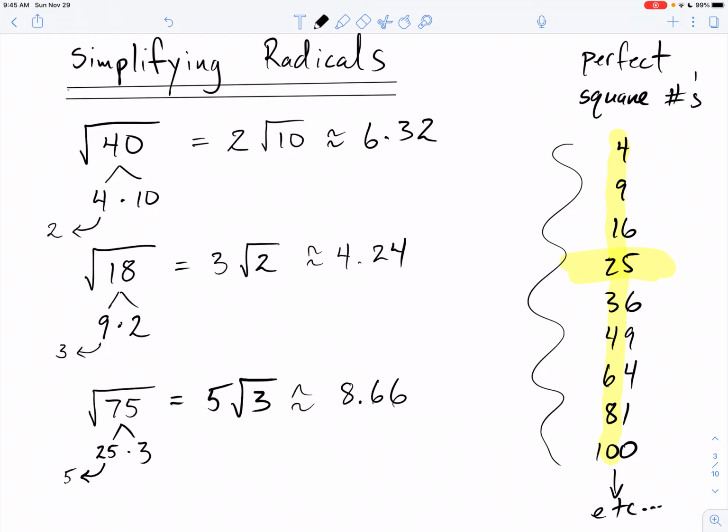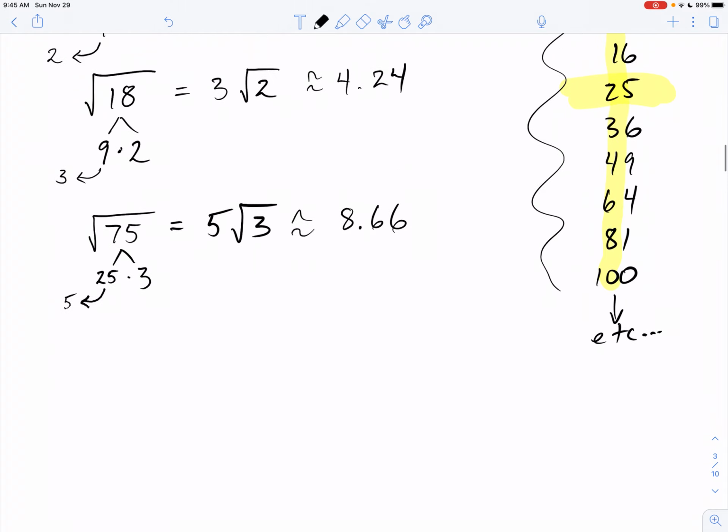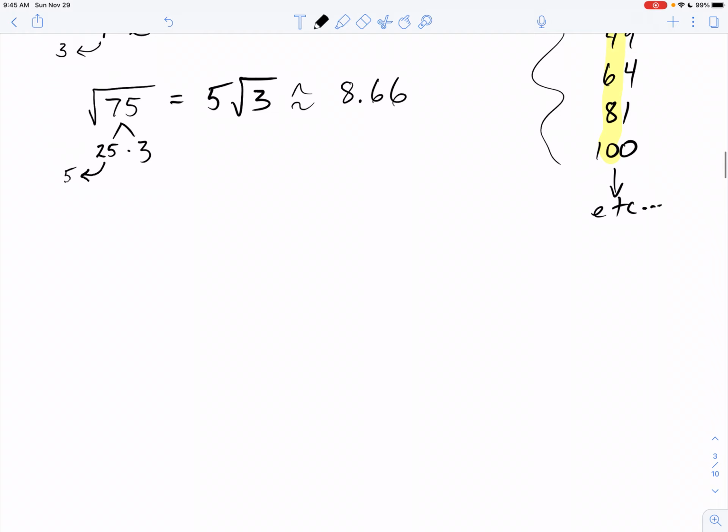But what I want you guys to focus on are the type of numbers we're going to see when we use the quadratic formula. Because a lot of the answers we're going to get are going to look something like 2 plus or minus rad 10 over 5, that kind of thing.